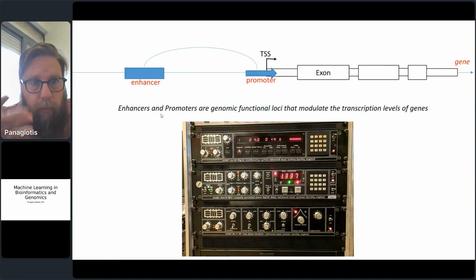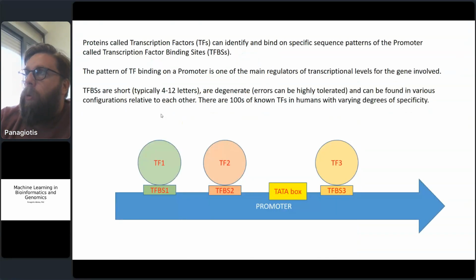They're made out of nucleotides that control and modulate the level of transcription of genes, like how much of this gene is produced downstream and goes towards protein. You can think of these as control panels, like analog control panels.